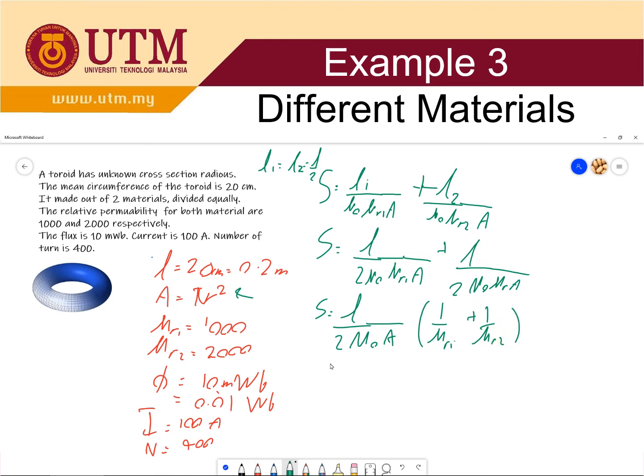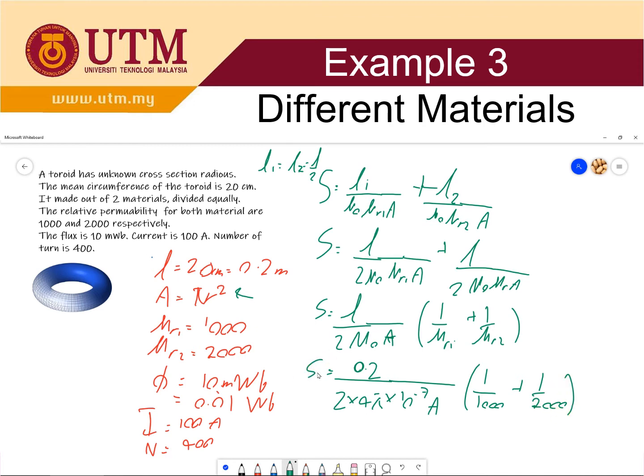So insert the value. L is 0.2, divided by 2 multiplied by 4 pi multiplied by 10 negative 7, times A, which is the area, and the area is unknown. Then 1 divided by 1000 plus 1 divided by 2000.